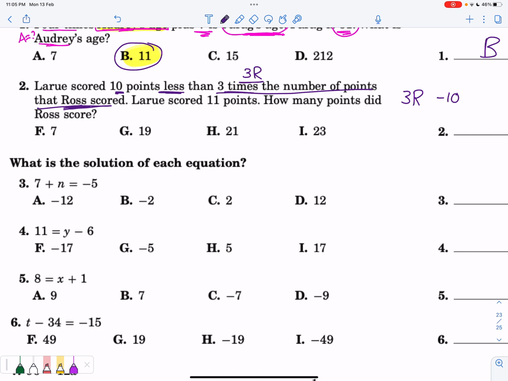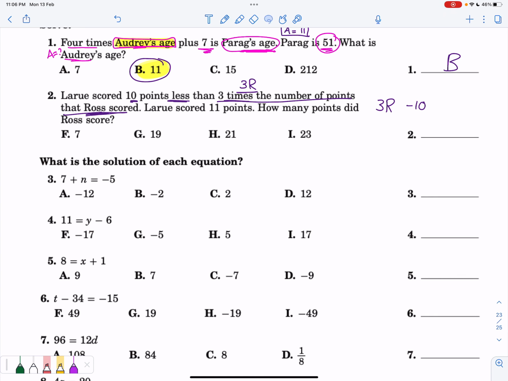Laura scored 11 points. How many points did Rose score? So now all of that we just wrote, 3R minus 10, is equal to how much Laura scored, because it says Laura scored 10 points less than 3 times the number of points that Rose scored.